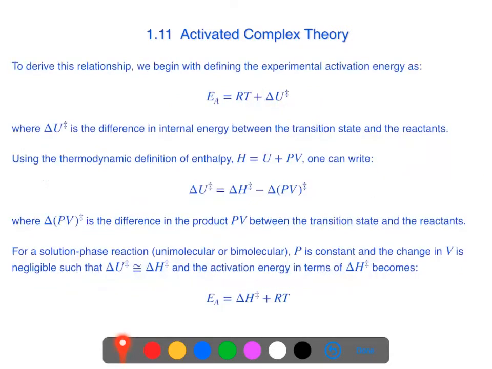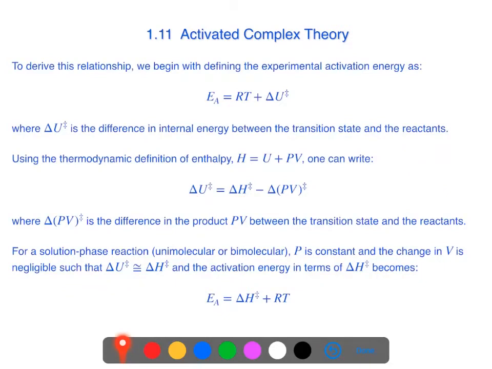To derive this relationship, we begin with defining the experimental activation energy as follows, where the activation energy is equal to an RT term plus a difference in the internal energy between the transition state and the reactants, this delta U double dagger.